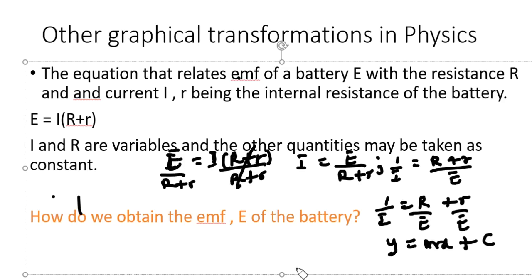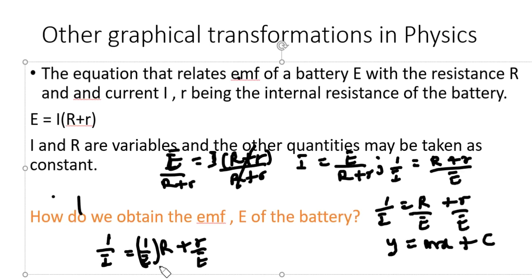C. We are told that R and I are what? Variables. I and R are variables. So we have 1 upon E bracket R plus r upon E.